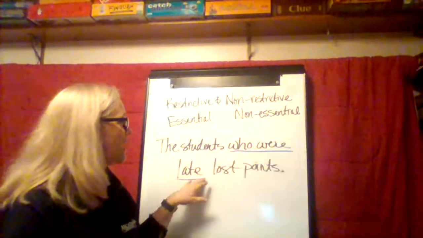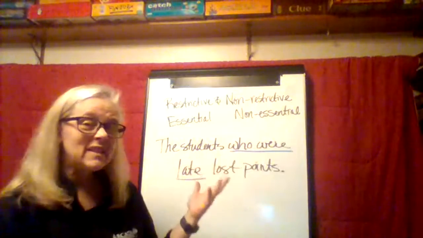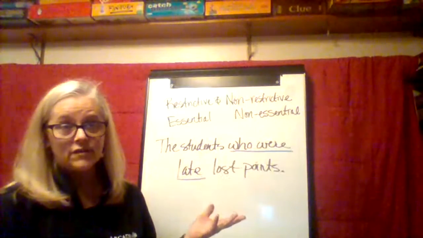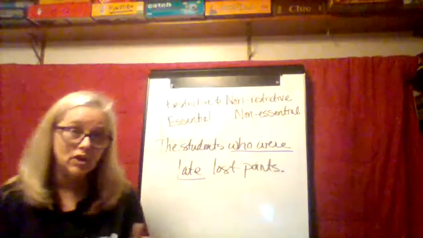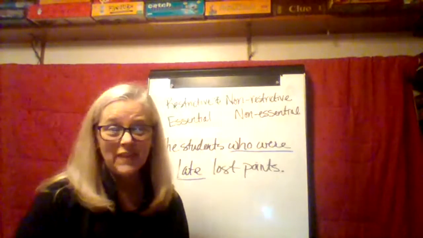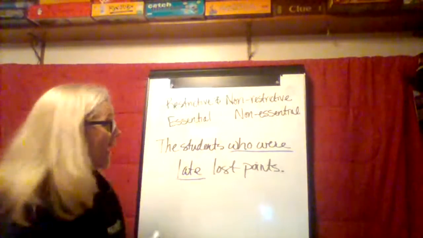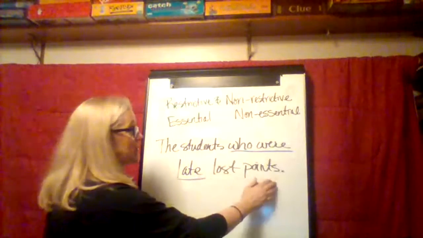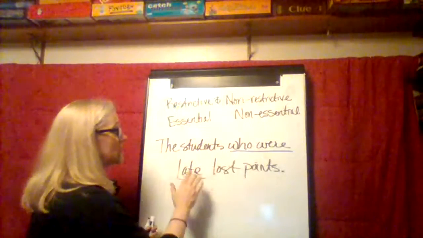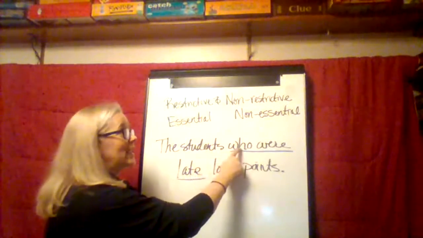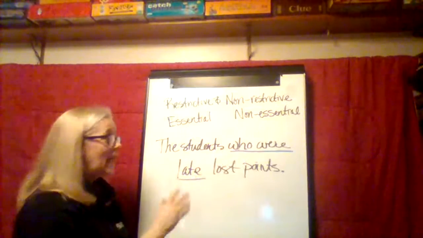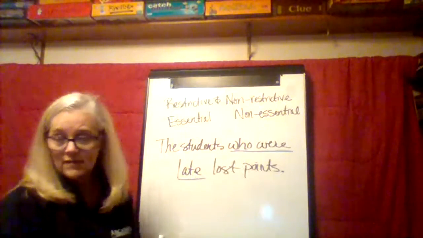If I take this out, in a sense, it says all students lost points. And if you were coming to my class and you weren't the ones who were late, you would think that's not fair. And specifically, those who lost the points are the students who were late. So this would be considered essential, and you would not use commas.